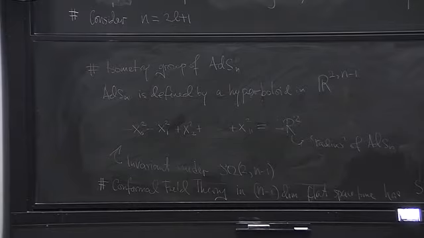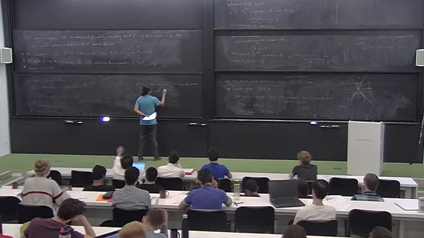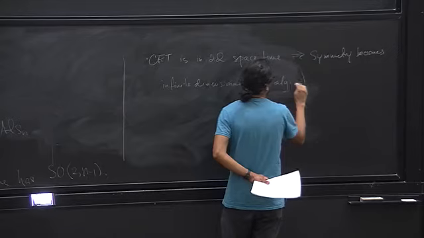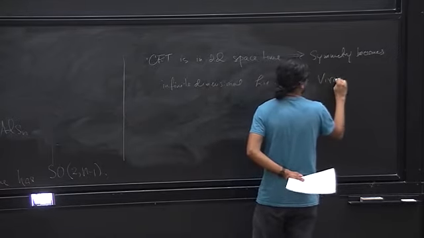It turns out that under certain circumstances the symmetry group becomes infinite dimensional. This infinite dimensional group, its Lie algebra, is the Virasoro algebra.